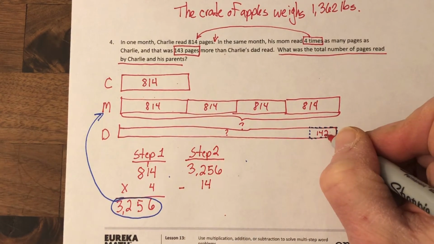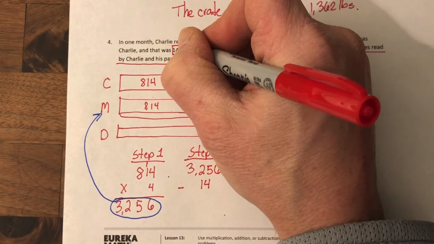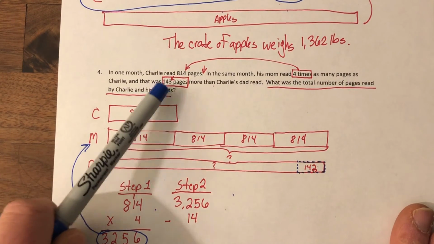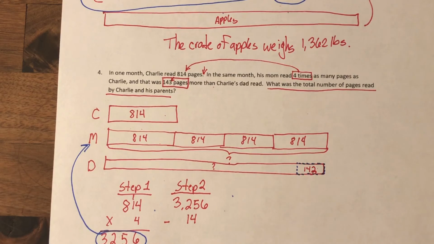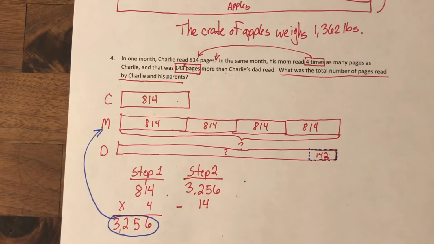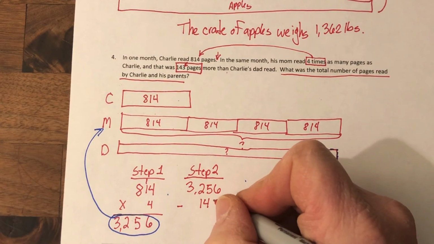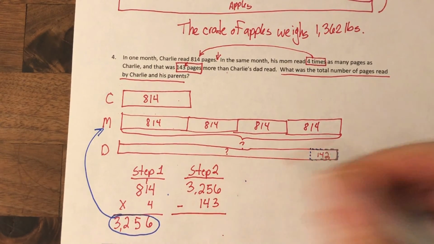Oh, it's not 142, it's 143. I just double checked up here in the word problem to make sure my numbers were right. It's 143. I'm glad I double checked that. A lot of times we write down the wrong numbers, and of course we're going to get the wrong answer, right? So 143, good.